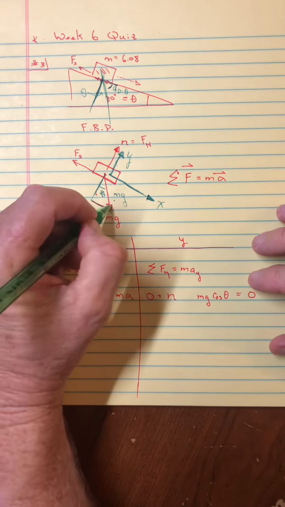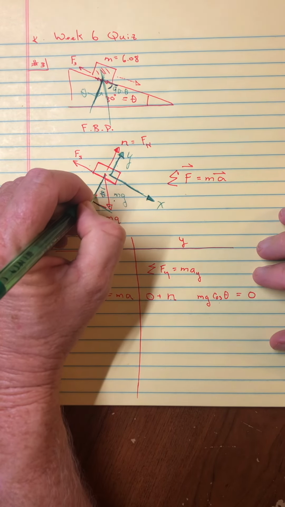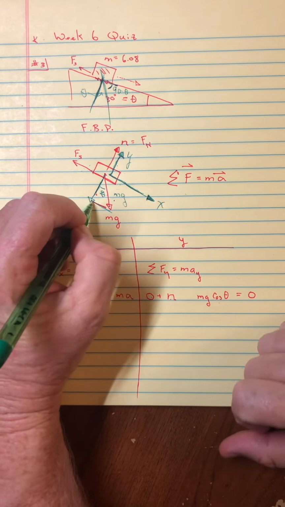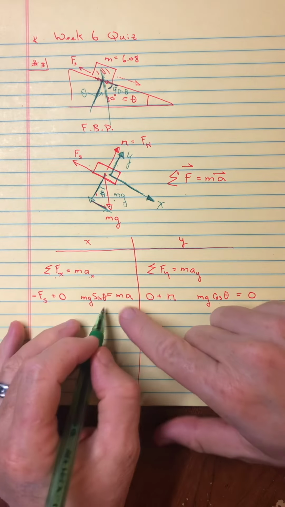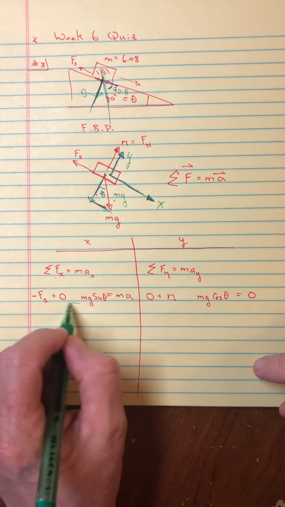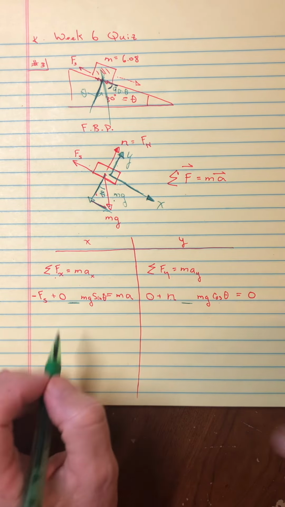So you can think of mg as made up of this much in the y direction, mg cosine theta, plus this much in the x direction. Now the other thing is we've got to decide what to put here. Do we put a positive or a negative?